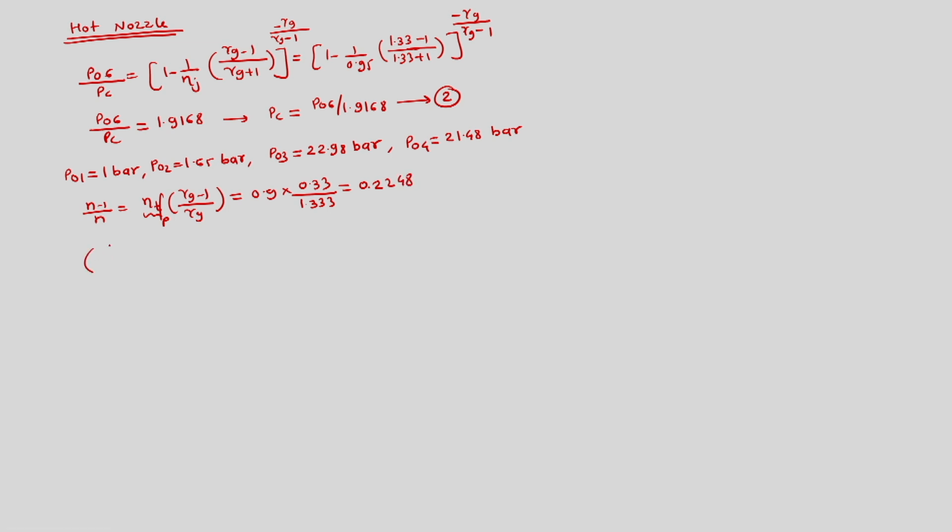Knowing this, we can find out P04 divided by P05, where P04 and P05 are for the high pressure turbine.